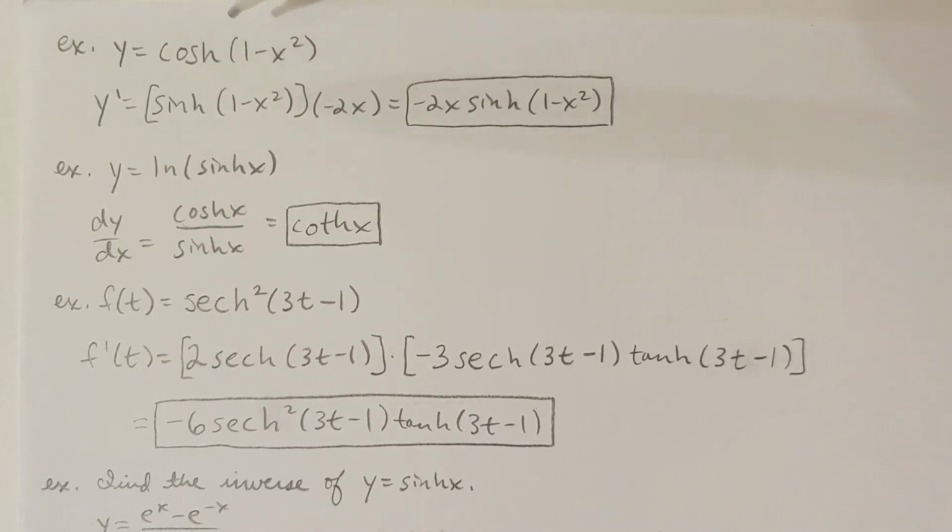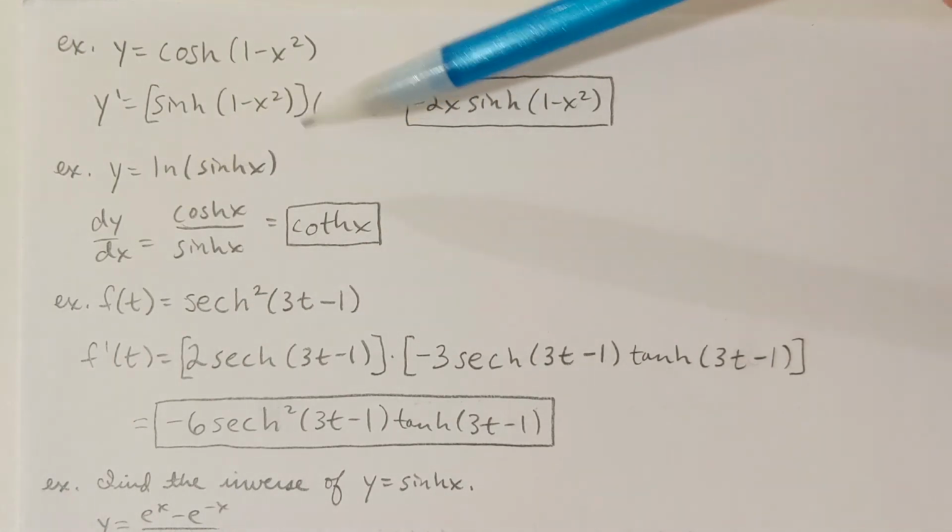The derivative of hyperbolic cosine x is hyperbolic sine x. Now, I don't have hyperbolic cosine x, but I'm going to begin that way. It's going to be hyperbolic sine of 1 minus x squared times the derivative of 1 minus x squared, which is negative 2x. And I've pulled that to the front. Negative 2x times hyperbolic sine of 1 minus x squared, that'd be my answer for y prime.